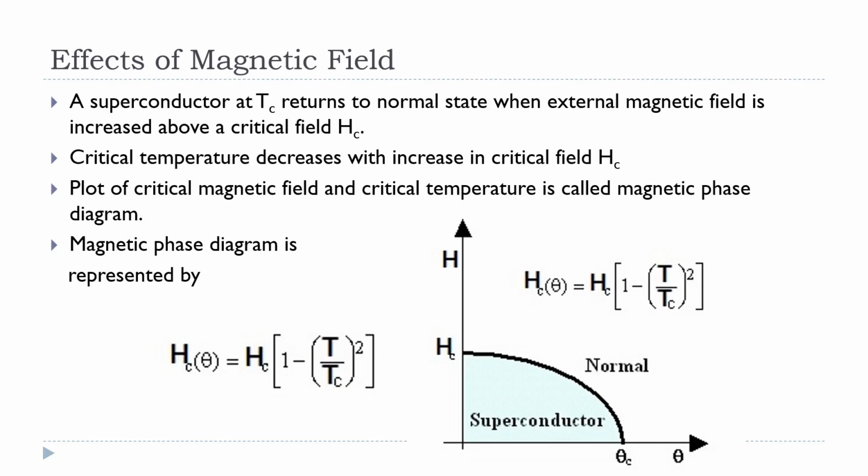Again, if the external magnetic field is increased, it can become a normal conductor. Okay, so we can tune the normal and superconducting nature of that material. Now, this plot is called the magnetic phase diagram, and this curve can be represented by the mathematical equation Hc of theta temperature is equal to Hc0 into 1 minus (T by Tc) squared.